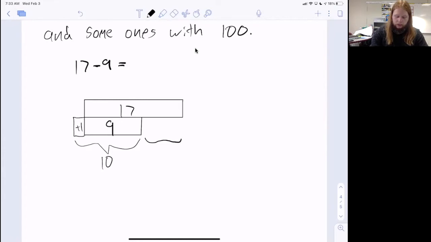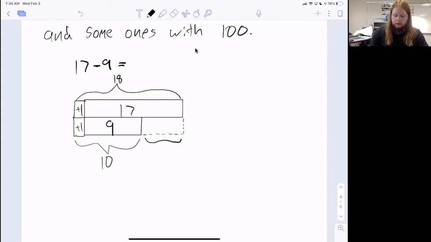But what if I told you we can add another one right here to balance out the equations? So even though we added a 1 on the 9 and the 17, you will still get the same answer. So 1 plus 9 is 10, and 1 plus 17 is 18.